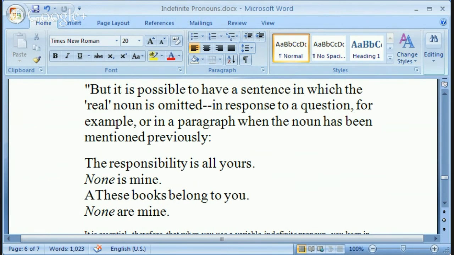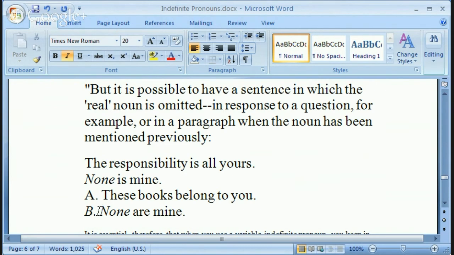Okay, so this is like A says, all right, this is maybe not clear. A says, and then B replies. This would be normal. A says, these books belong to you. B just replies, none are mine. Zero. Not any of those books.